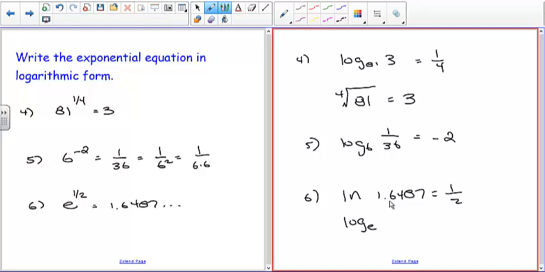So if I do the natural log of 1.6487, I'll get 0.4999999. And what it's saying, again, is what number do I need to raise e to get this number? Well, I need to raise e to the 1/2 power to do that.